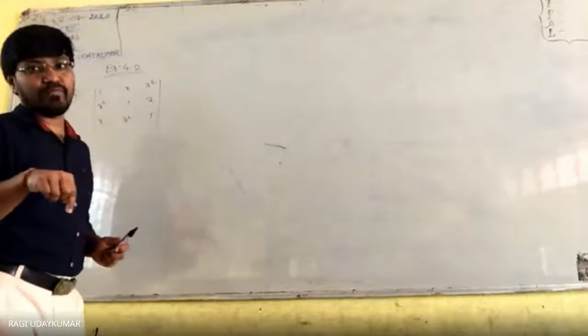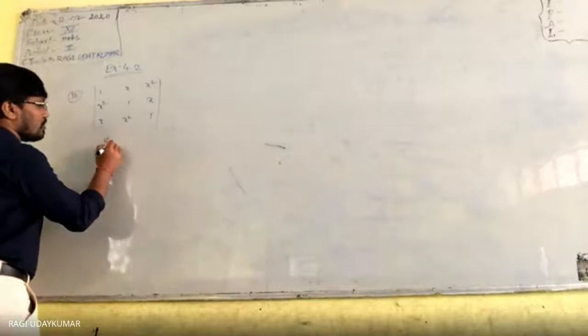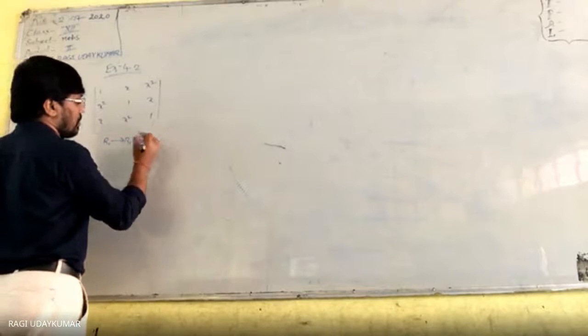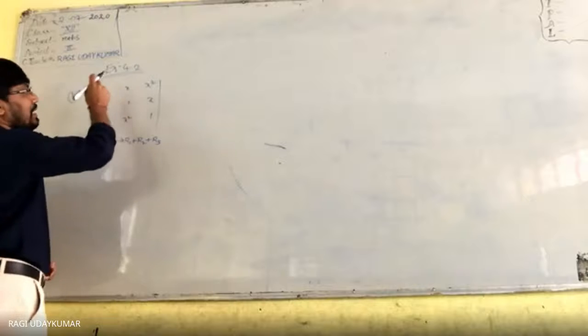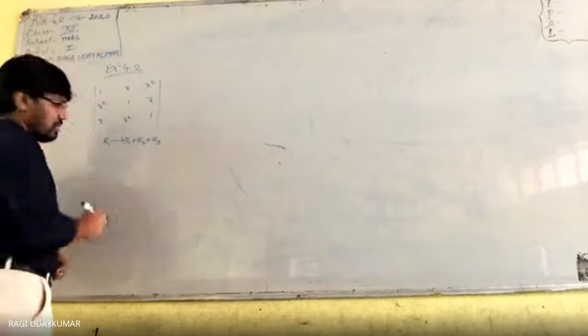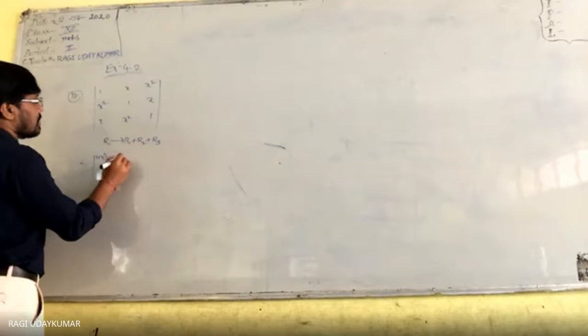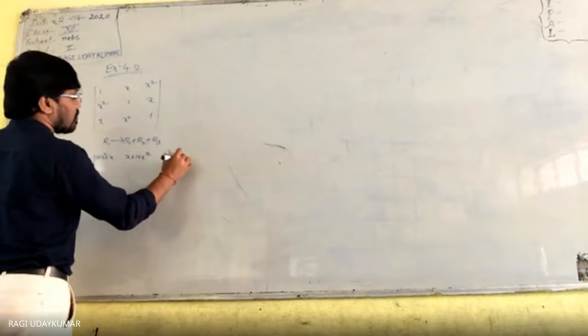In this problem, either way, use r1 tends to r1 plus r2 plus r3. So add the first row, second row and third row and write it in row 1. So row 1 is going to change. Row 1 becomes 1 plus x plus x square, in all three places.